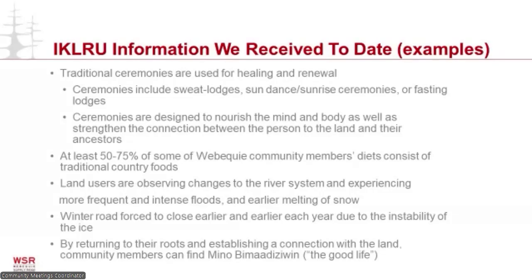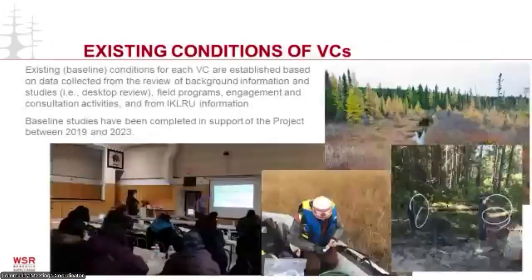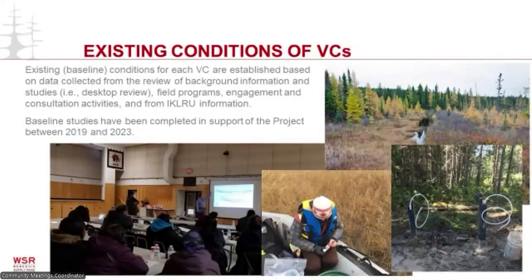We have received a lot of IKLRU information so far, including the purpose of traditional ceremonies, reliance on country foods, and climate change impacts. Existing or baseline conditions for each of the VCs are described through background research, engagement and consultation, and field studies.